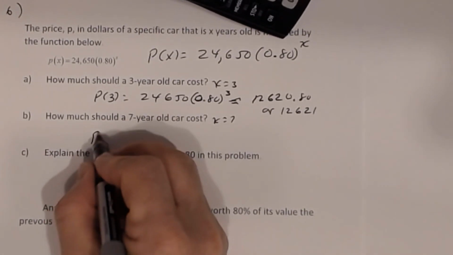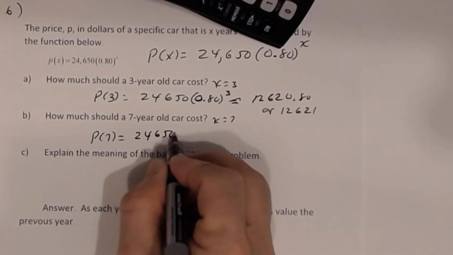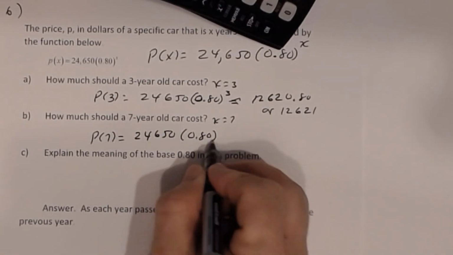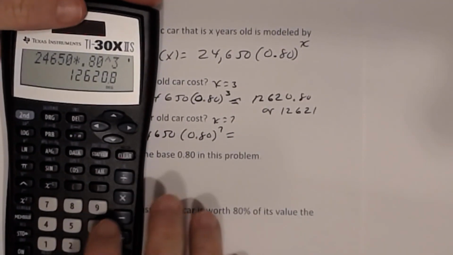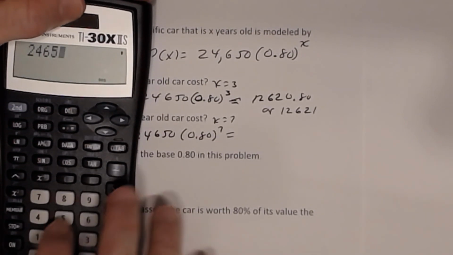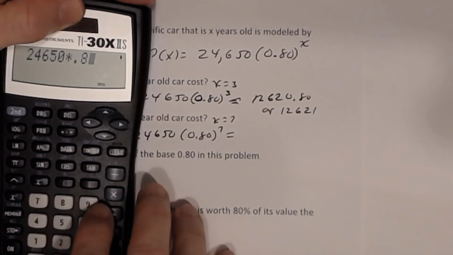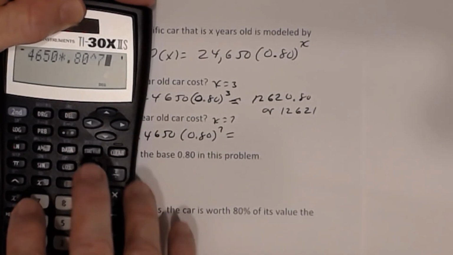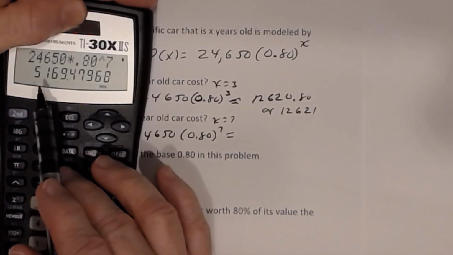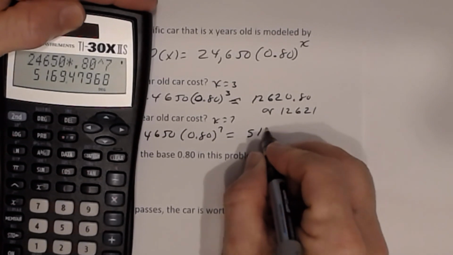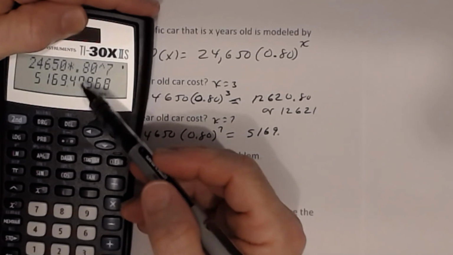So we do the same thing. So P of 7 equals 24,650 times 0.80 raised to the 7th power. So using your calculator, let's see what we get. 24,650 times 0.80 raised to the 7th power equals, and this time it looks like it's $5,169, and remember we're dealing with money now, so you round to nearest hundredth.